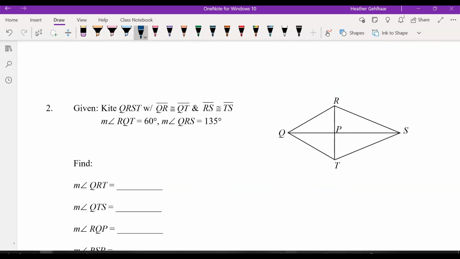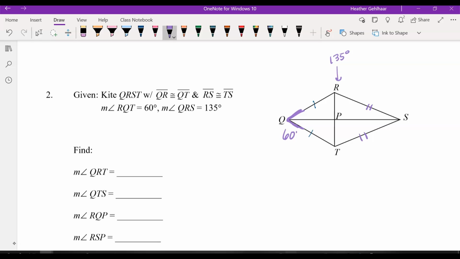So in our kite, QR is congruent to TR, or TQ. RS is congruent to ST. It says RQT is 60 degrees, so the entire angle is 60. QRS is 135.